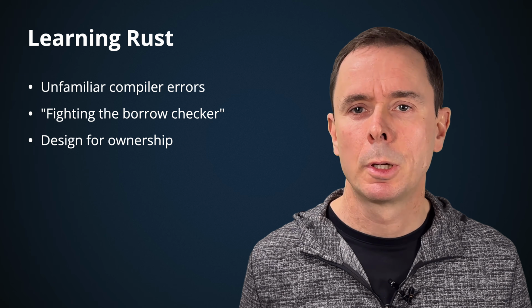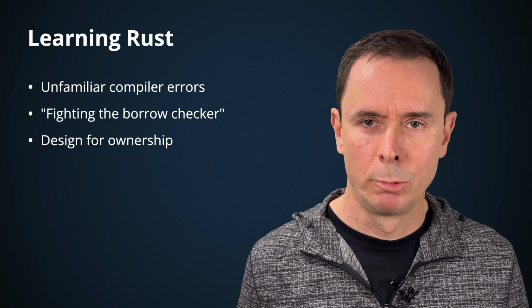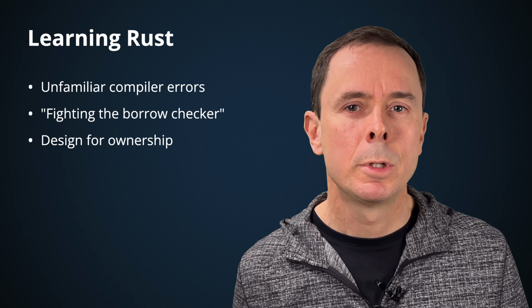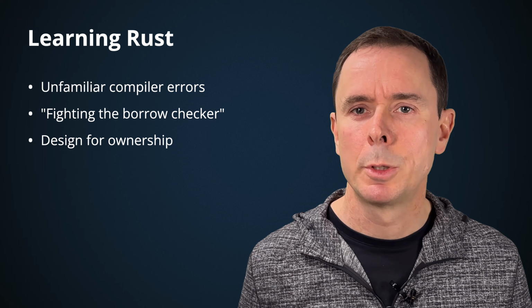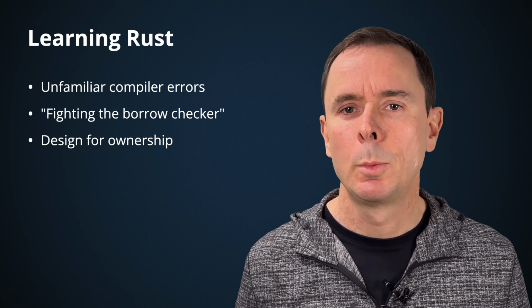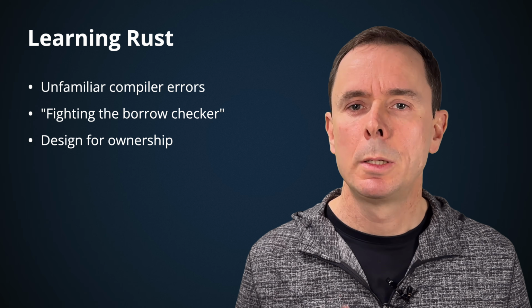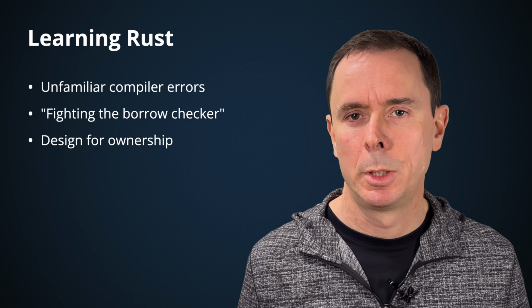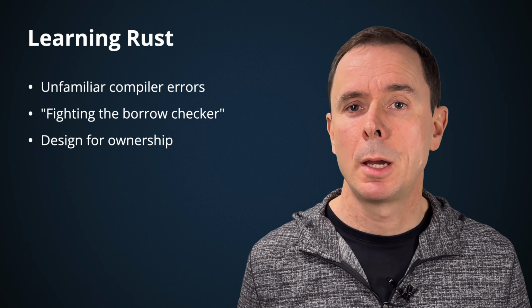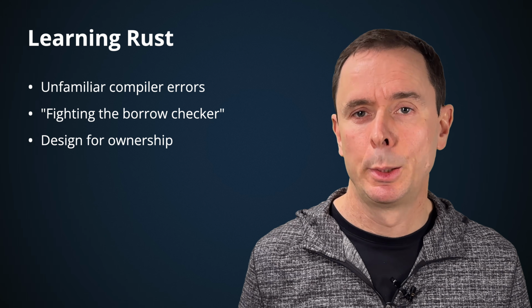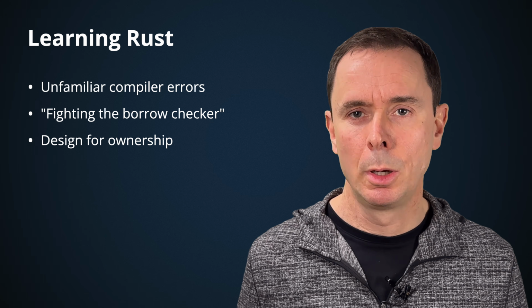The borrow checker is the compiler phase that checks the borrowing rules. Once you've internalized the rules the compiler is playing by, you'll run into them way less often. You'll be designing ahead to work with the ownership system. Rust's error messages are generally really helpful. The compiler teaches you as you go.